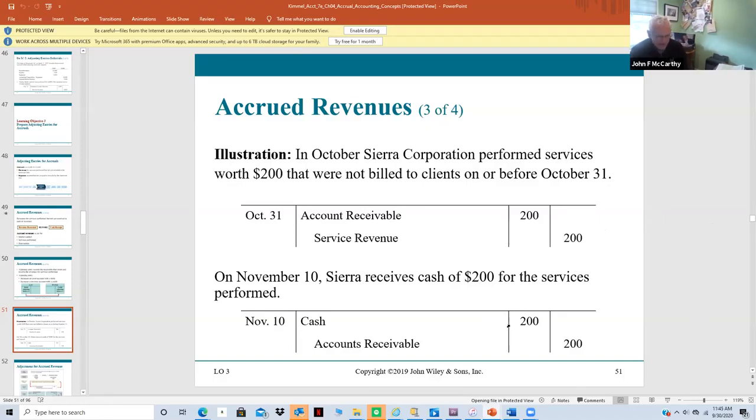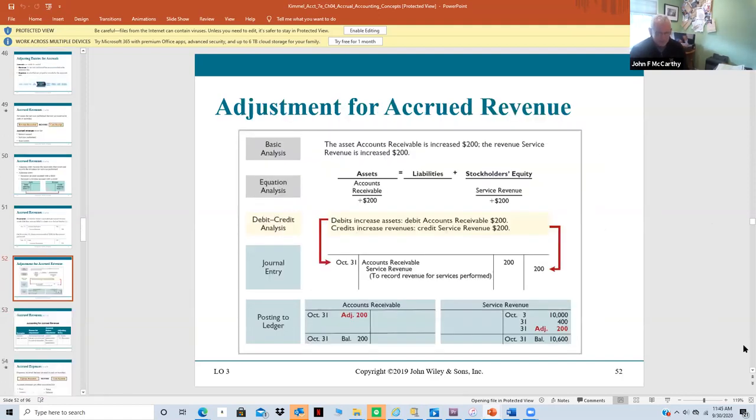But we don't wait till the cash comes in, because that would be cash basis accounting, and that is not GAAP. We don't wait for it to recognize the revenue. So here's the $200 receivable adjustment and the $200 service revenue adjustment. I forget what the 10,000 was, but that was probably just off the regular trial balance.